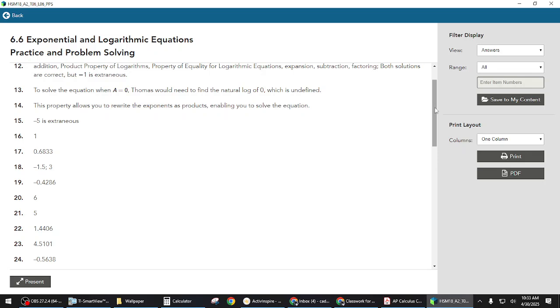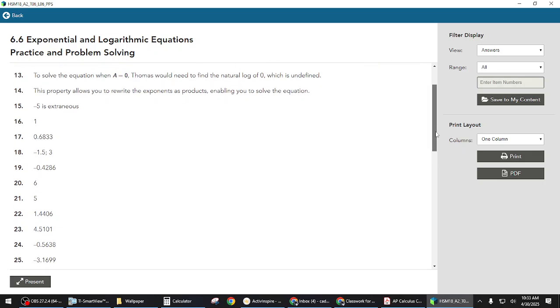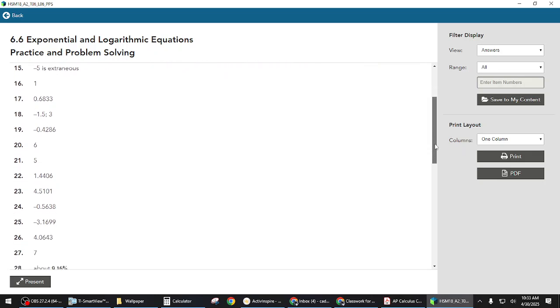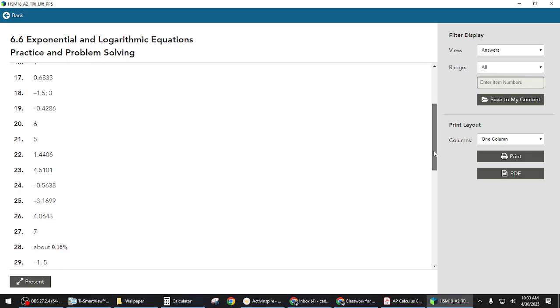If we need to go back and see what those look like as a non-simplified log, we can. But number 18, you have 2 answers, negative 1.5 and 3. And that was because of a quadratic. 19 was negative 0.4286. 20 was 6. 21, 5. 22, 1.4406.